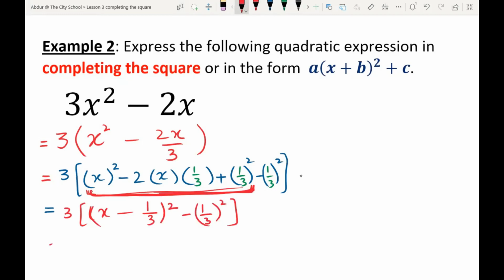Now, by expanding the bracket, we get 3 times of x minus 1 over 3 whole square minus 3 times of 1 over 3 whole square.